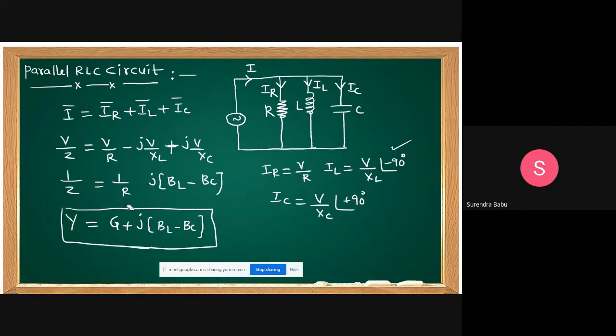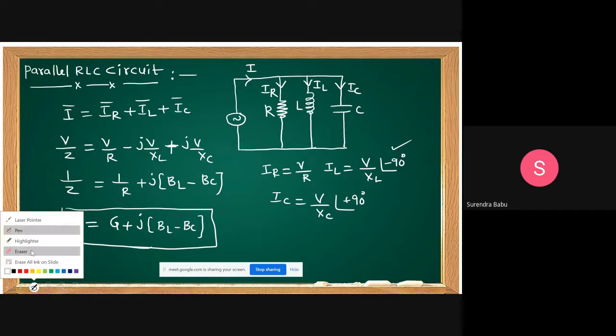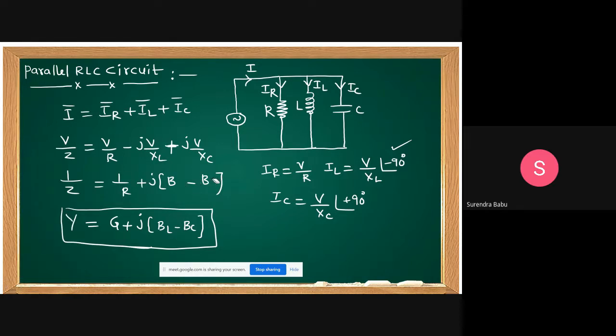Once the J is common, what you can get? BC minus BL or BL minus BC? BC minus BL. Inductive susceptance is negative. Capacitive susceptance is positive. That is G plus J into BC minus BL.